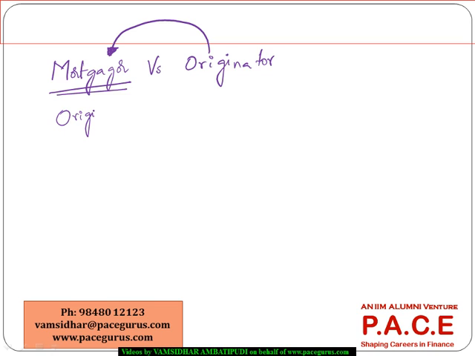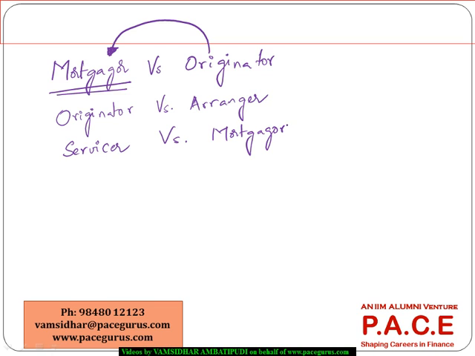Similarly, I have just talked about the friction that can exist between the originator and the arranger, or there could be some kind of friction that can come up between the servicer, who is actually collecting the cash flows and following up on loan pre-closures or foreclosures, versus the mortgager borrower.